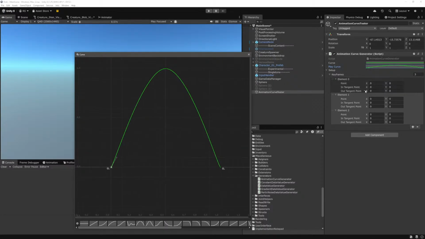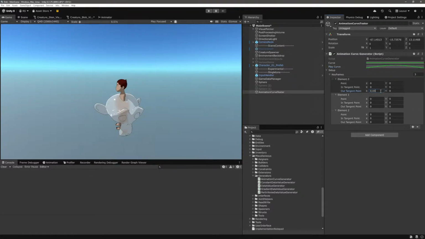So, start point is at 0, 0. In tangent point is at 0, 0 as well. Out tangent point is at 0.05 and 0.1.